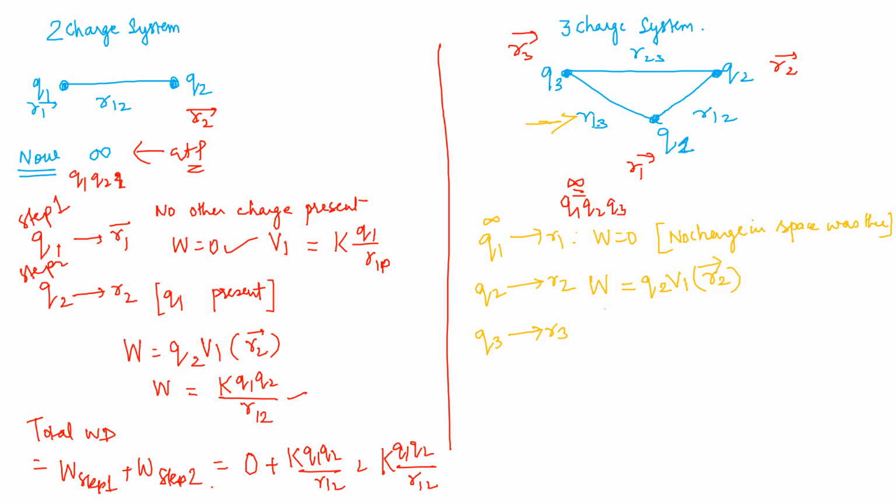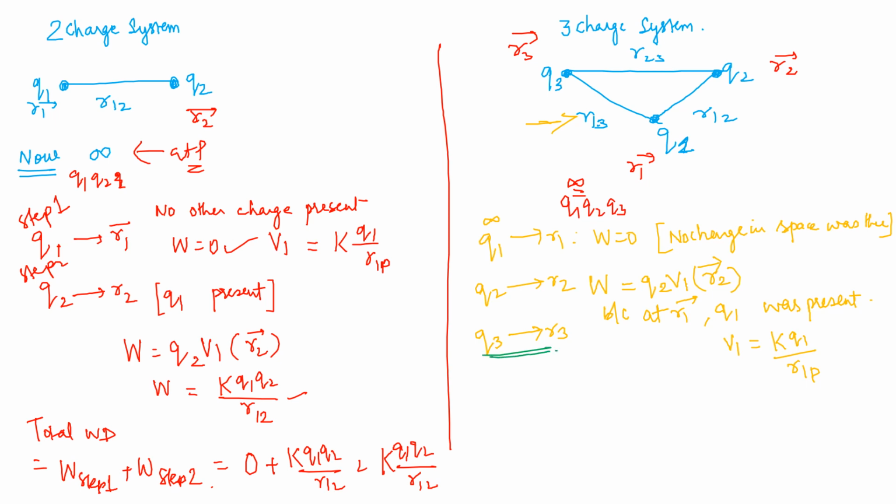Why so? Because at R1 position Q1 was present. Now what is the value of V1? It is equal to KQ1 upon R1P, because charge 1 is brought from infinity to this particular point R1.